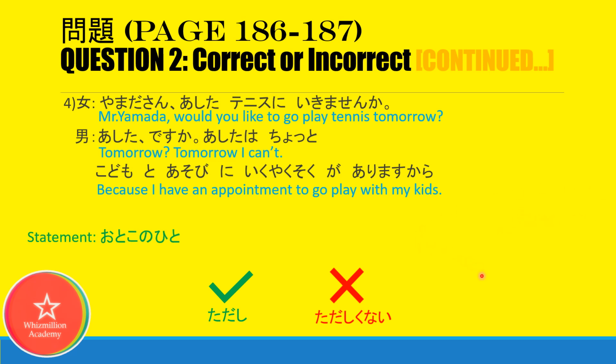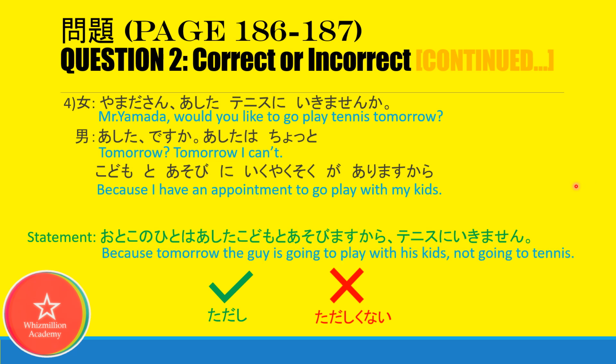Statement. 男の人は明日子供と遊びますからテニスに行きません。Because tomorrow the guy is going to play with his kids, not going to tennis. Is the statement tadashi or tadashikunai? Tadashi.